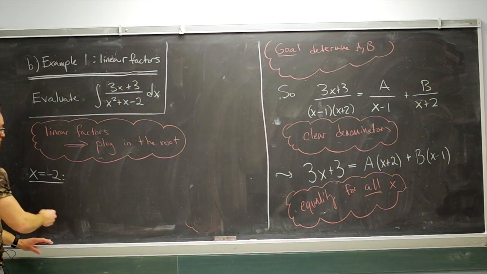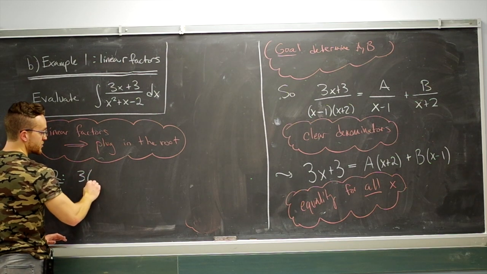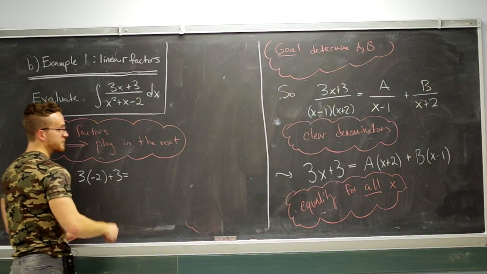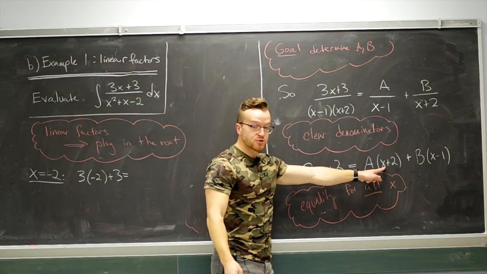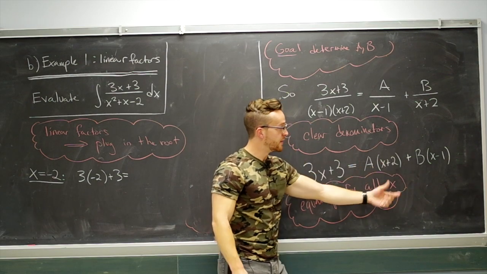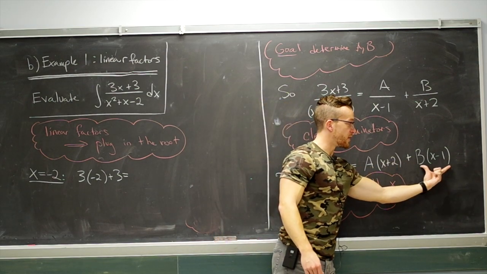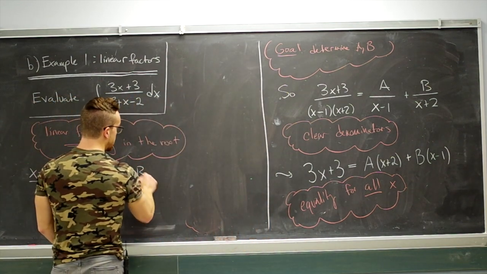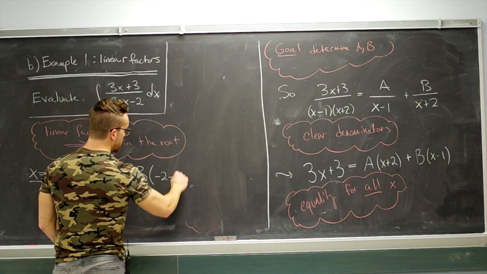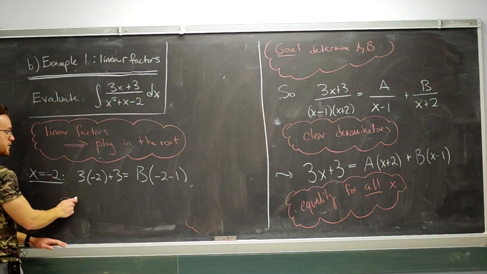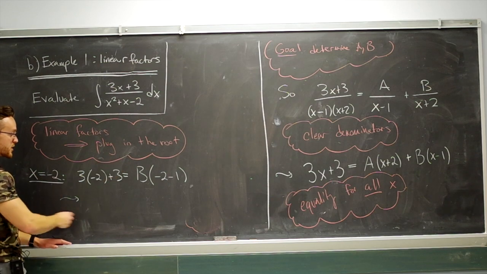If I set x to be negative 2, I'll get the equation 3 times negative 2 plus 3 equals, by construction, this is 0. Negative 2 plus 2 is 0. That whole term goes away, which leaves us with b times negative 2 minus 1. After some simplification, this will give us b.